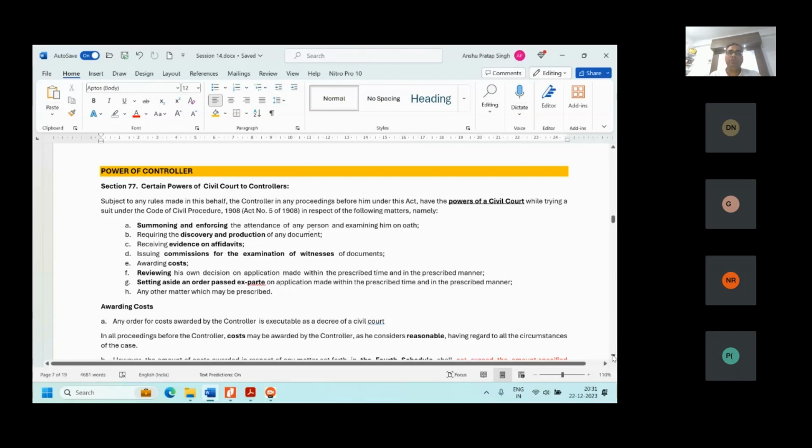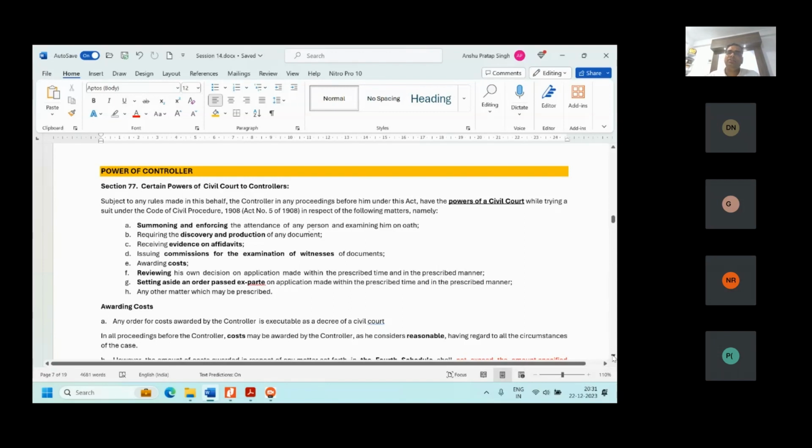In an affidavit also, you swear that whatever you are telling is correct. So that can be evidence in writing. You give that affidavit in writing, and along with that, you also give supporting documents for whatever you are claiming in the affidavit. That is receiving evidence on affidavit.